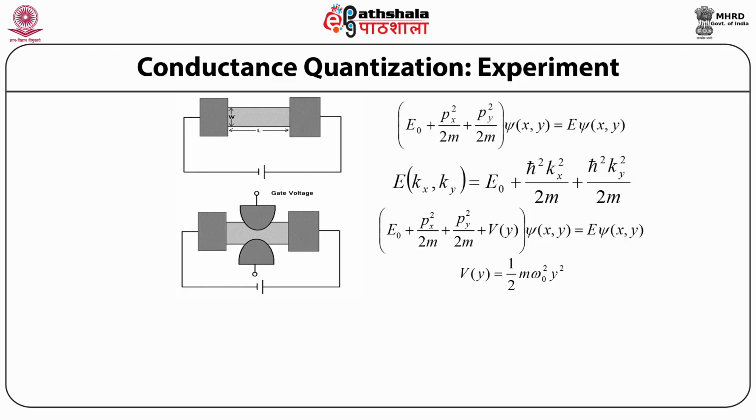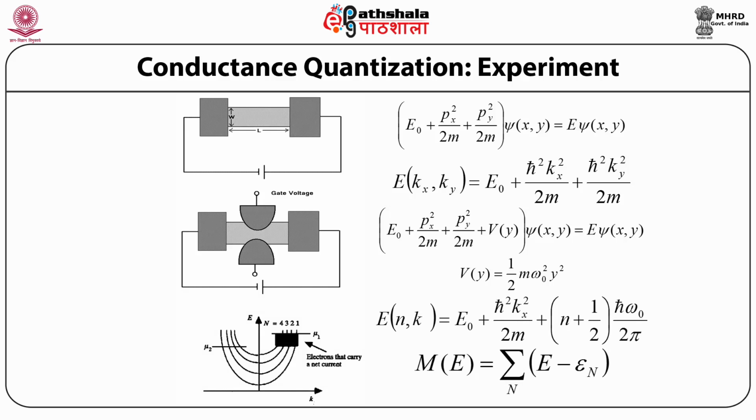Corresponding to this, we have the energy eigenvalues given by E naught plus h cut square kx square by 2m plus (n plus half) multiplied by h cut omega naught by 2 pi. In this case, energy is quantized along y and z directions. The energy is quantized along the y direction due to gate bias.